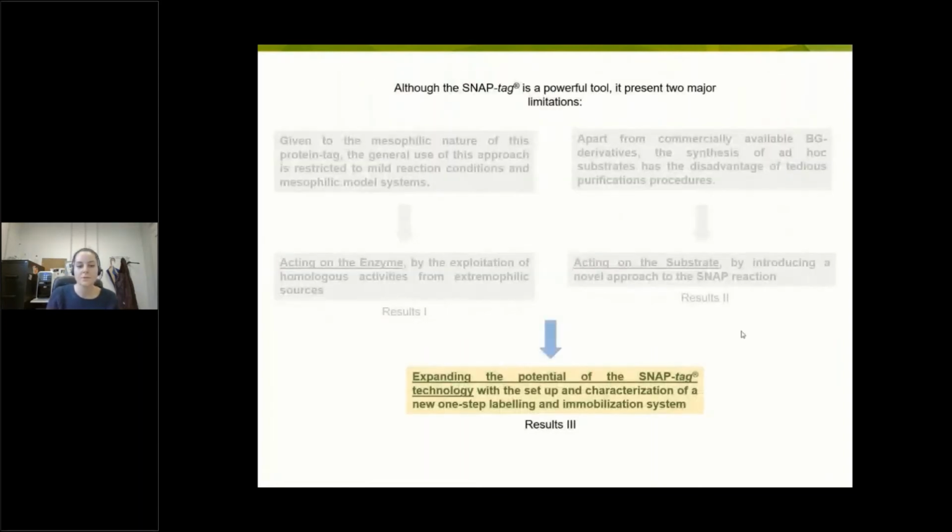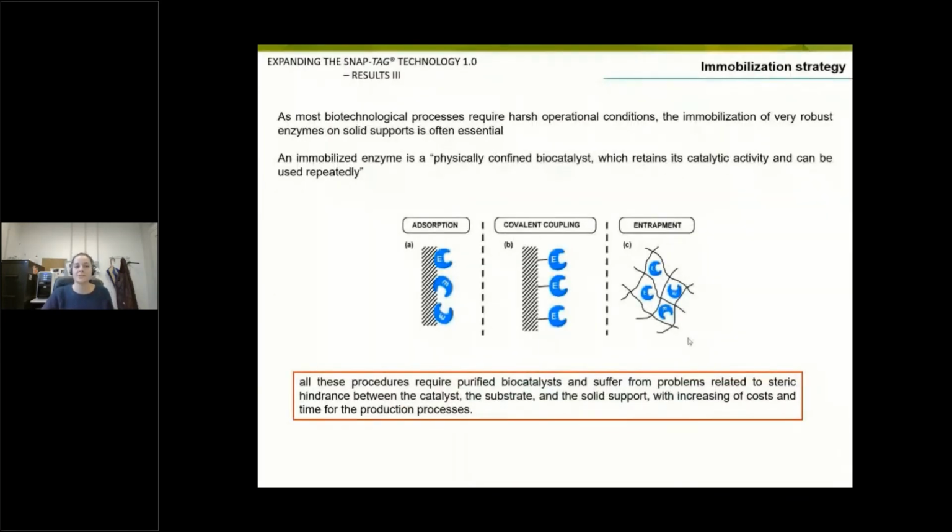And in conclusion, to expand the potential of the SNAP-tag technology, we set up and characterized a novel one-step labeling and immobilization system. Because as you probably know, especially in industrial biotechnological processes, the immobilization of enzymes is required to give them better stability or to recover them for another process cycle.